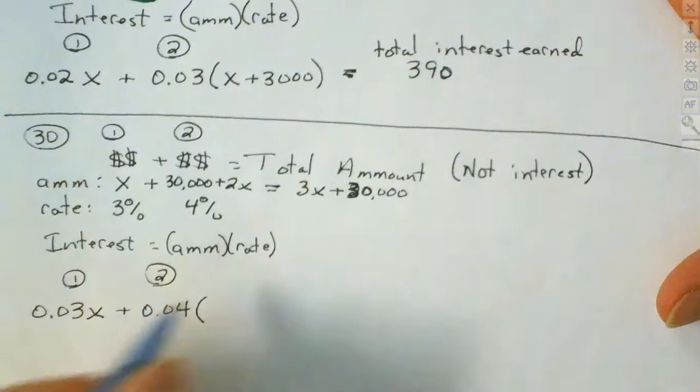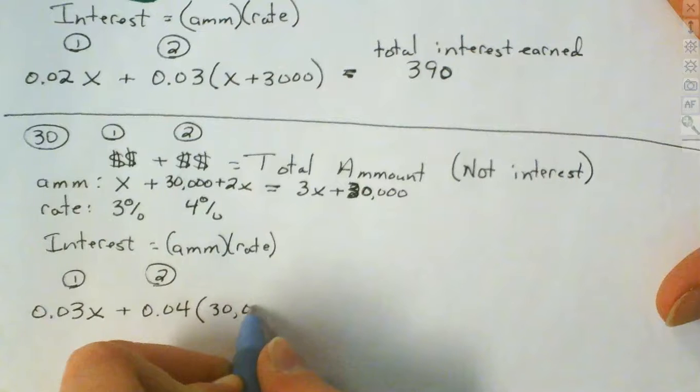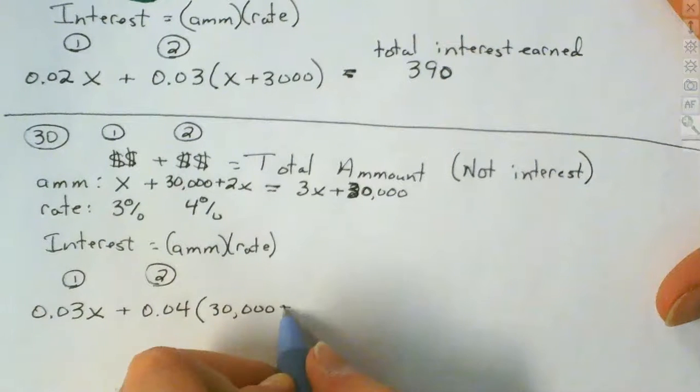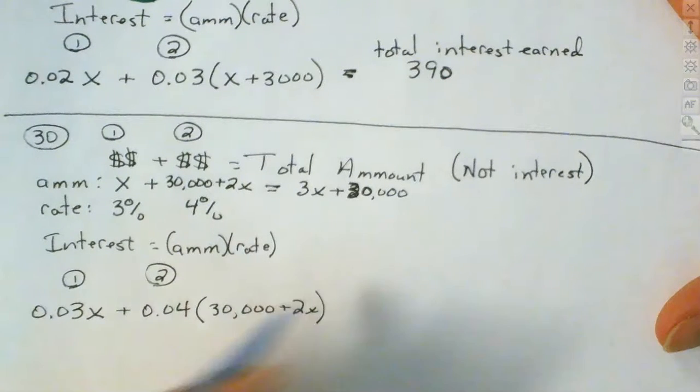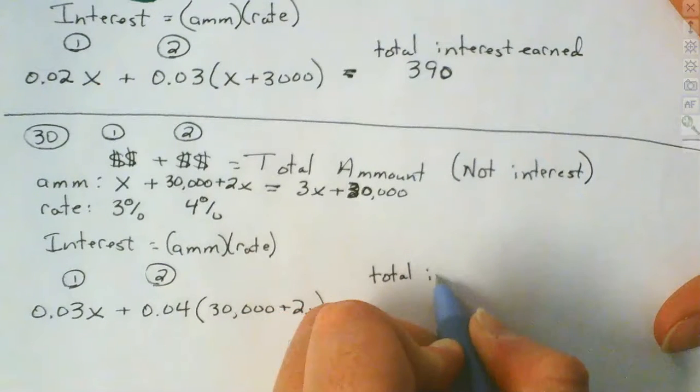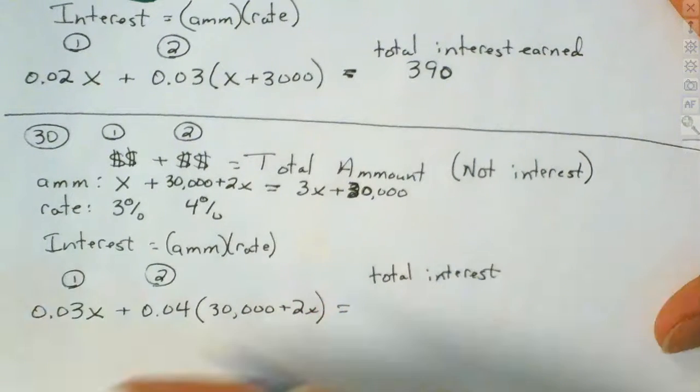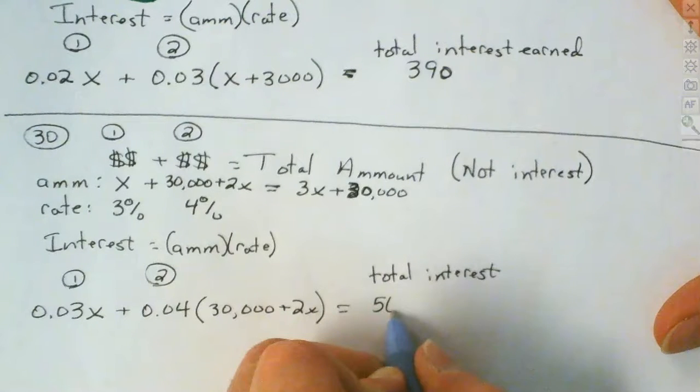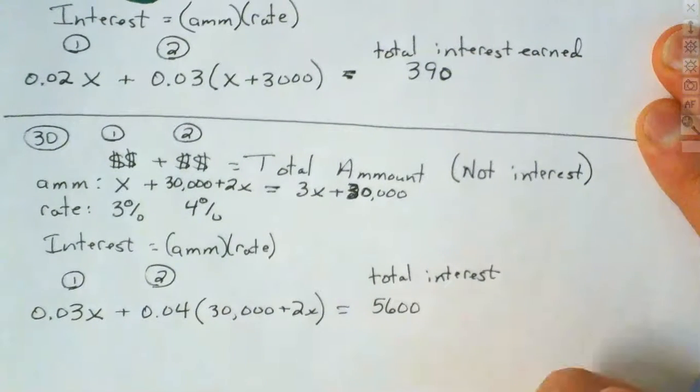How much is in there? 30,000 plus the 2x. And on the other side, what goes over there? Total interest. And how much total money did I make? 5,600.